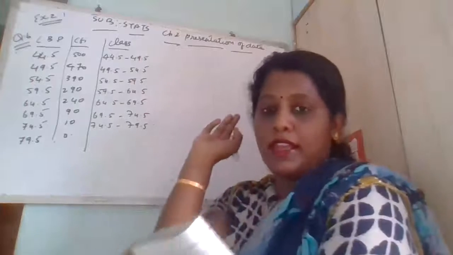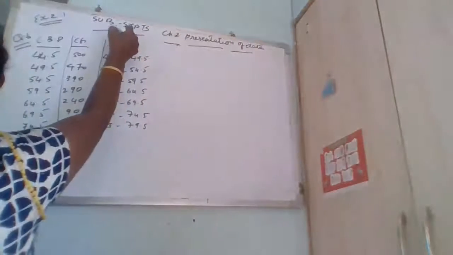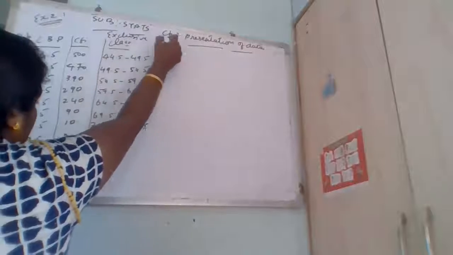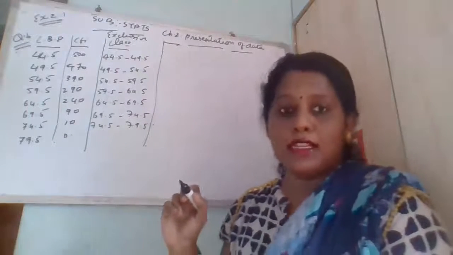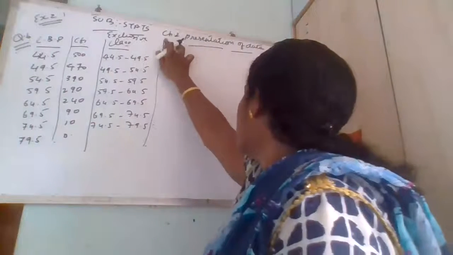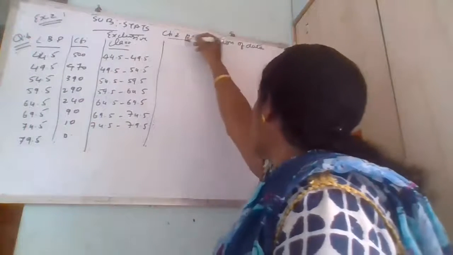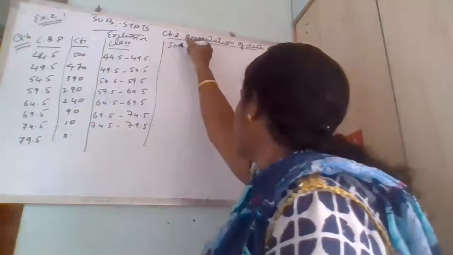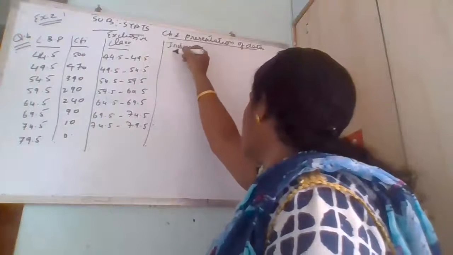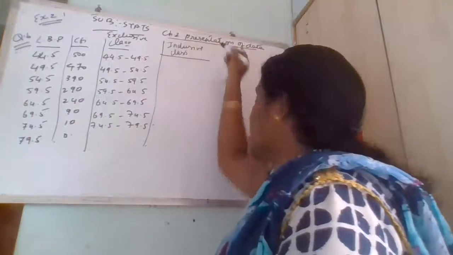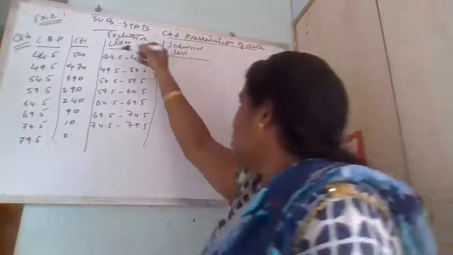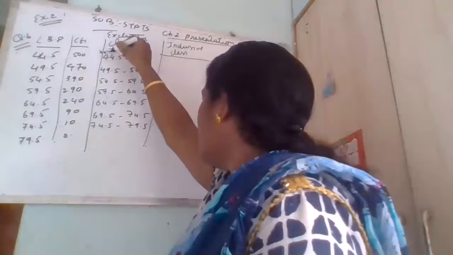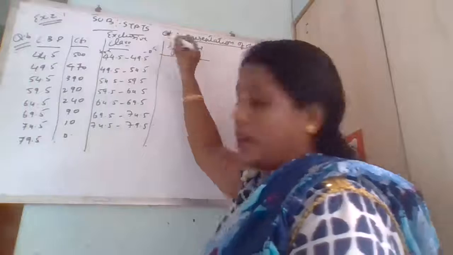Now you have to make your exclusive class into an inclusive class. This is your exclusive class. Now, according to our question, you have to make an inclusive class. Inclusive class means here you have to do plus 0.5 and here you have to do minus 0.5, right?